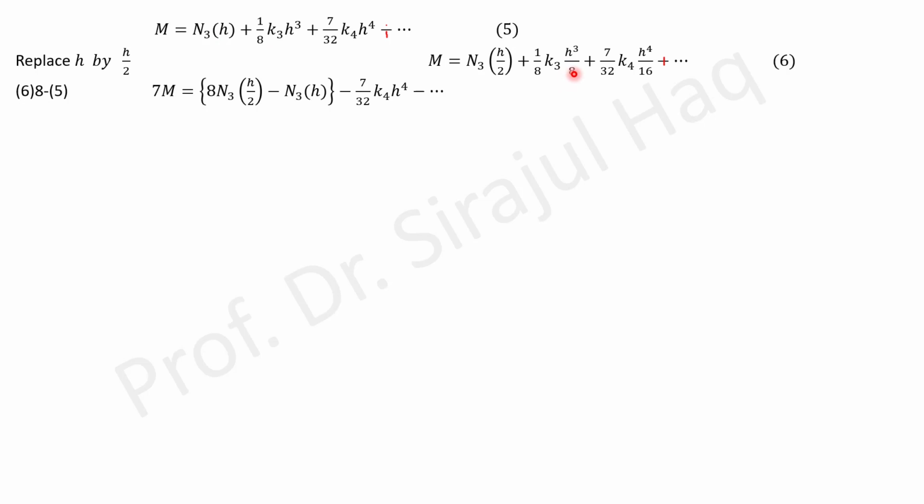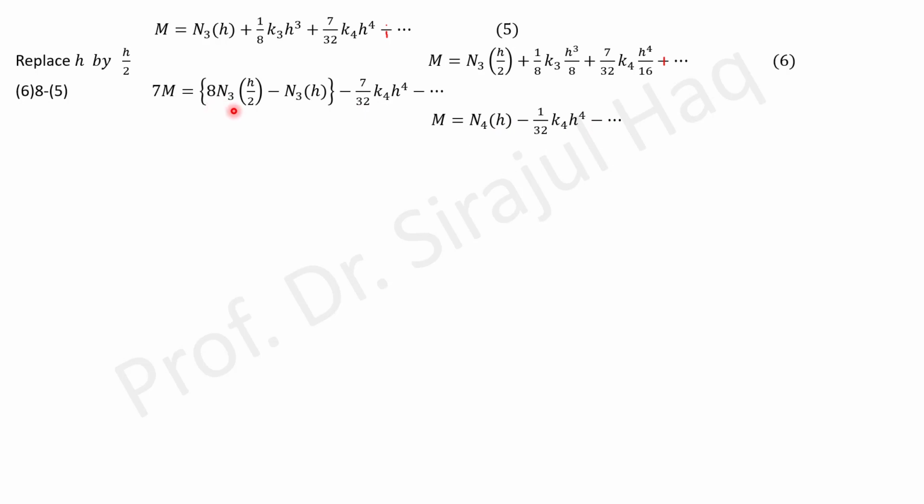If you multiply this by 8, this 8 will cancel, and this term cancels with that term, plus multiply this with 8, so this will become h4 divided by 2. So 7 divided by 64, and 7 divided by 64 minus 7 divided by 32 gives you minus 7 divided by 32, and so on.